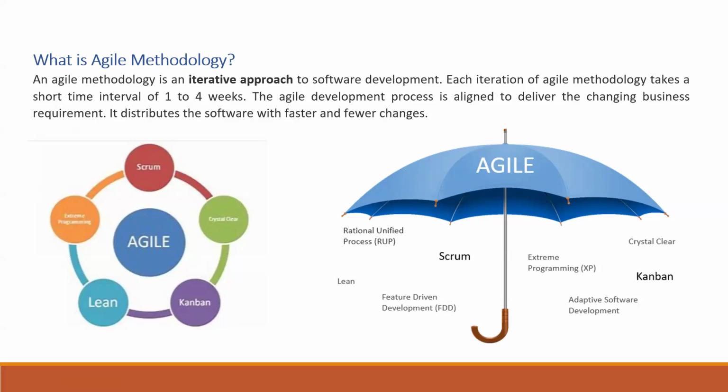So it is not a single step; it is a continuous journey. When I say iterative approach, it means a cyclic approach of shorter duration, lasting from 1 to 4 weeks. One thing to remember here is that the main focus of agile is to have agility.